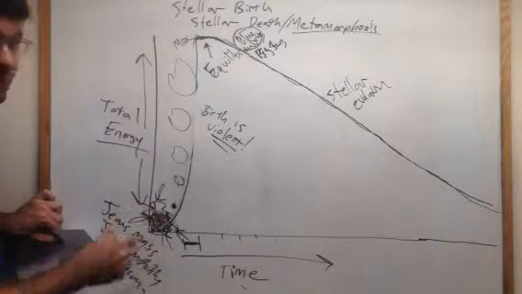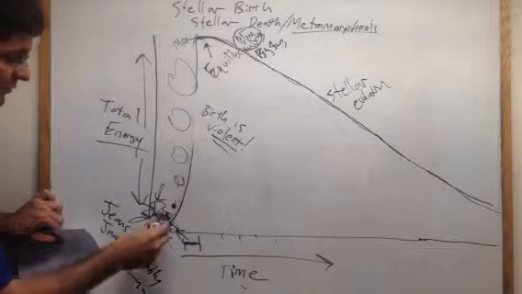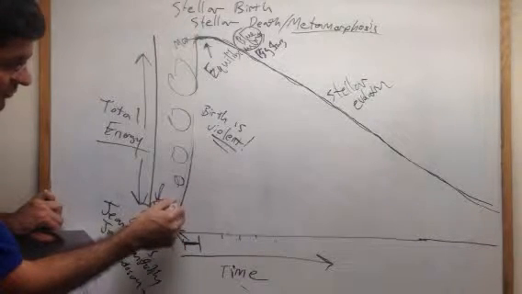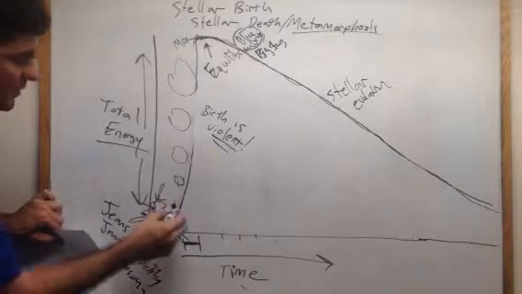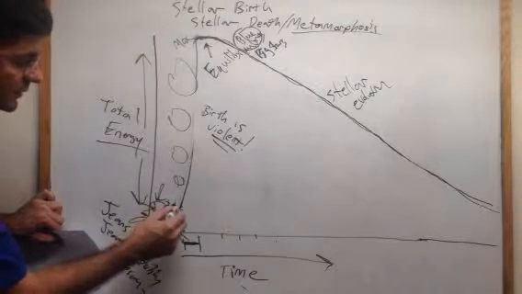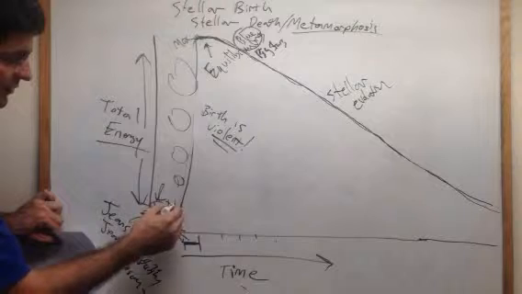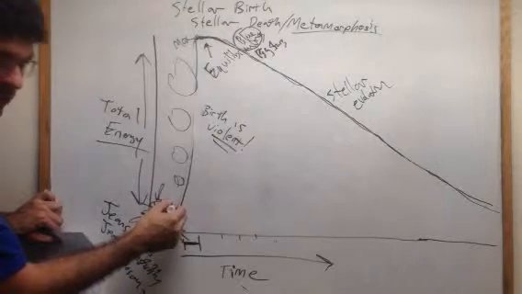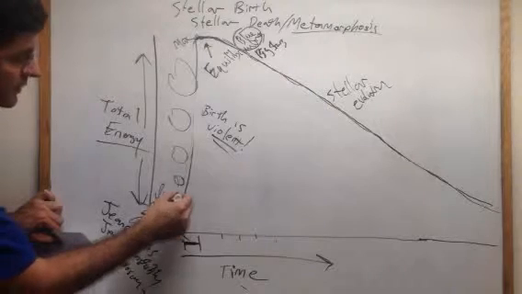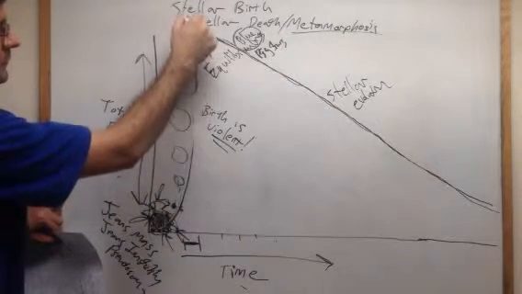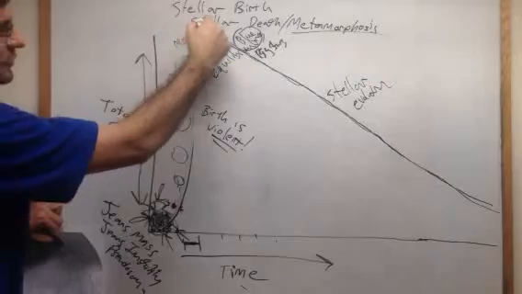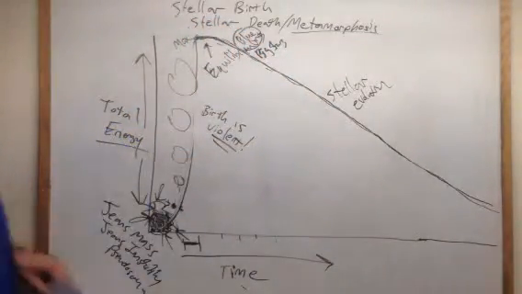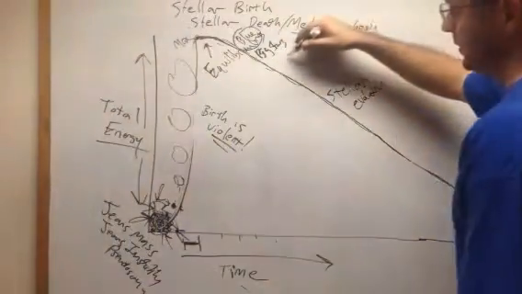Those are the two things that birth a star, not gravitation, because there's no gravitational field here. Okay? Gravitational field takes over once the star is formed, and then the gravity keeps it together. And what happens is the gravitational field is really strong right here because it's holding all that stuff together. And then it expands, gravitational field diminishes, and then it keeps on diminishing as the star cools, shrinks, and dies.